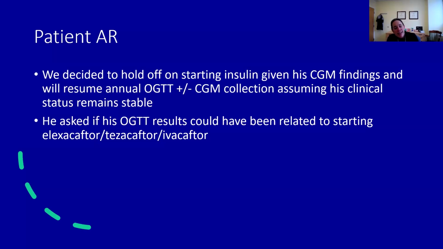And so he also asked us if his developing diabetes, because it really happened right after he had started highly effective CFTR modulator therapy with elexacaftor, tezacaftor, ivacaftor. And so he was wondering if potentially that medication pushed him over the edge to diabetes.